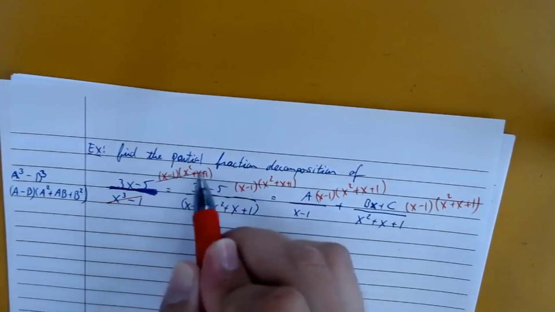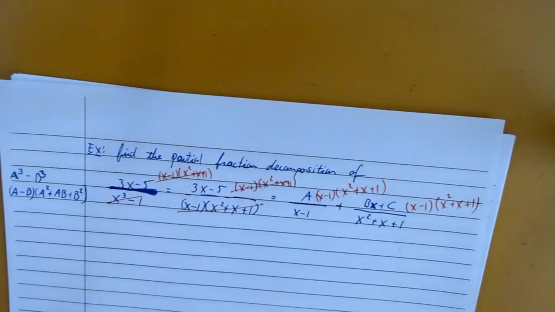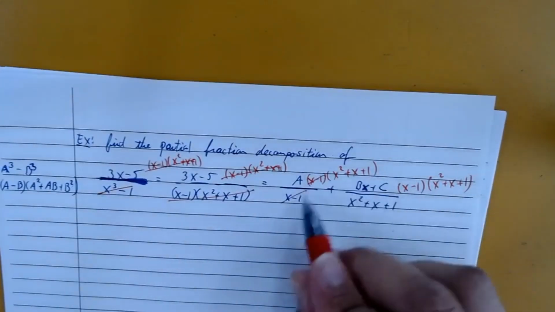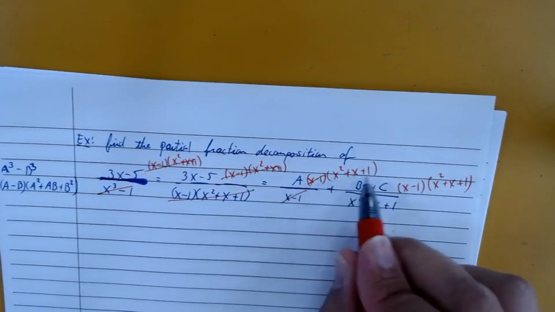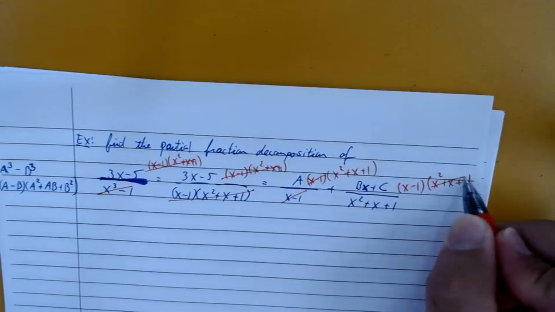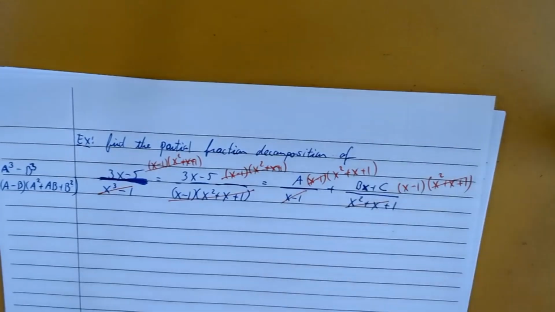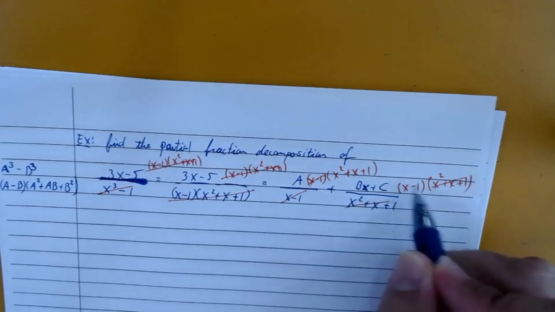Here, of course, these just divide all the way out since that is the denominator. Here, some of these divide away and some are left. Here, these two divide away, leaving you your a times your quadratic. And here the quadratic divides away, leaving you bx plus c times your linear factor.